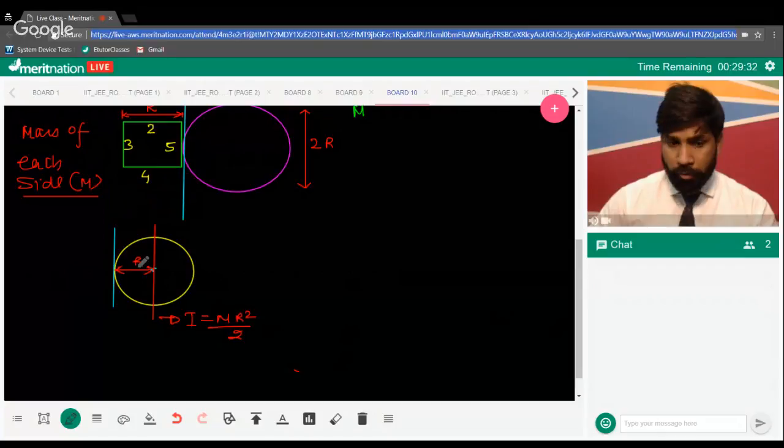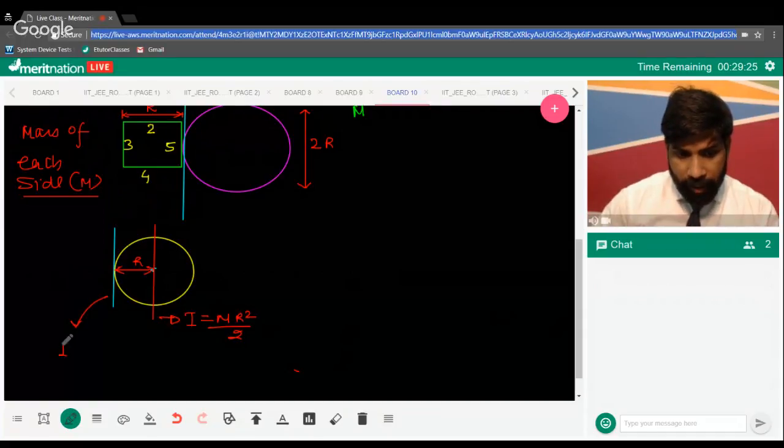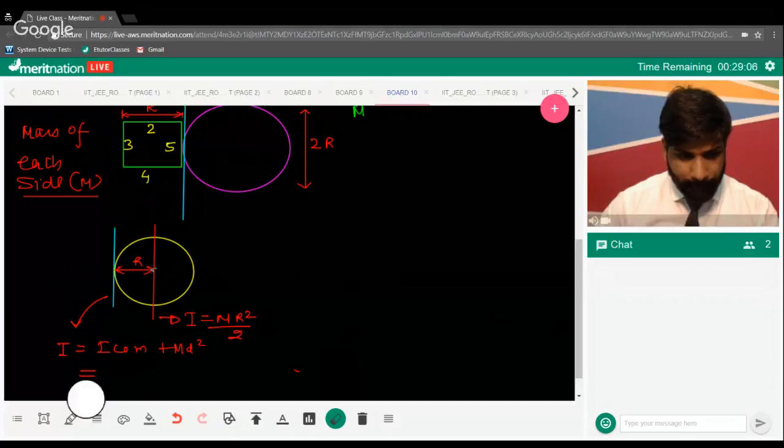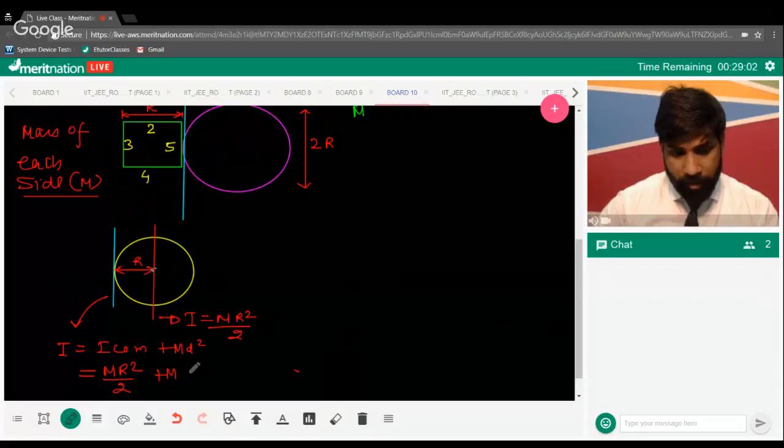Now we can use the parallel axis theorem to find the moment of inertia of this ring about this blue color axis. So see here, I is equal to what? I com plus md square. Here the moment of inertia of this ring about its center of mass is mr square by 2, plus m, and the perpendicular distance between them is r, so mr square.